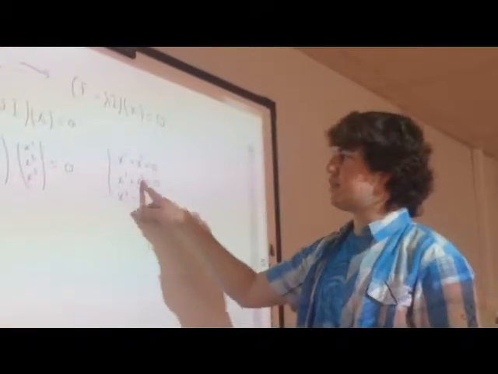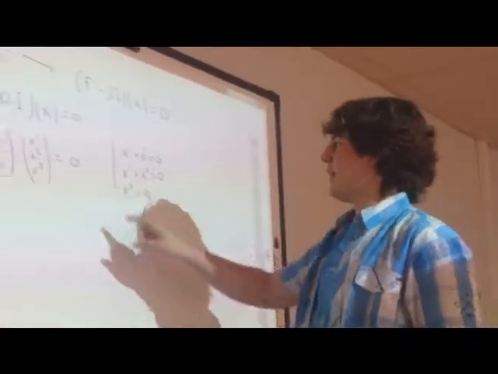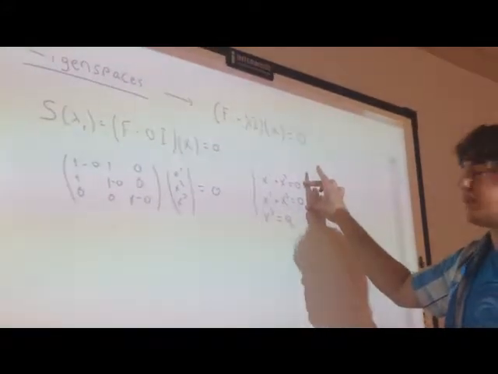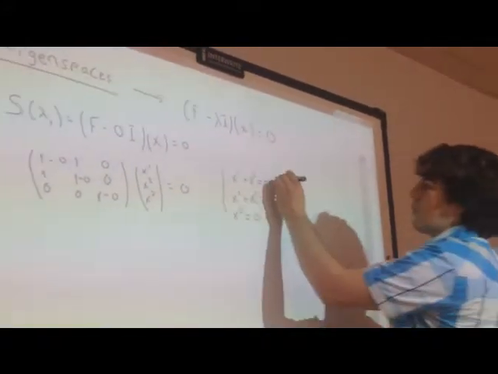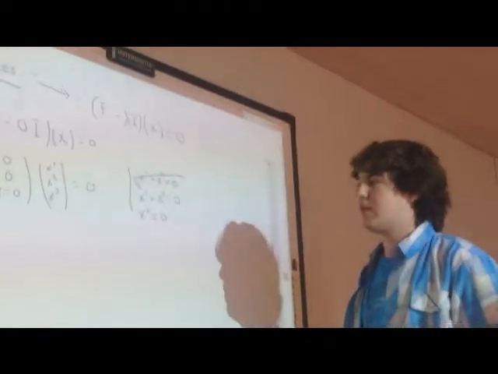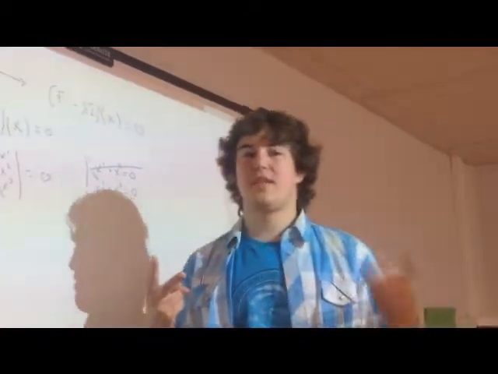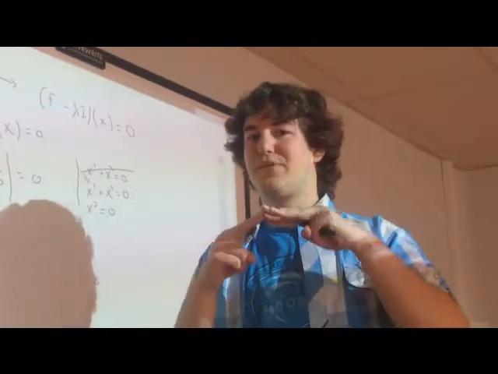So we got the equations out of this formula. What happens here? We have two repeated equations, so we cross out one. We have two equations and three unknowns, which is 1 degree of freedom.